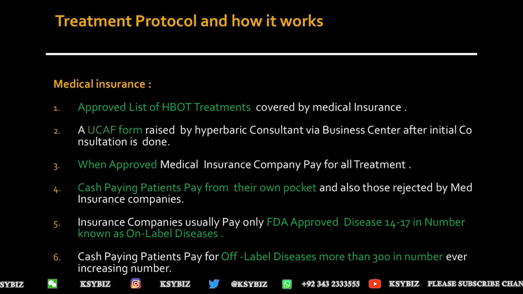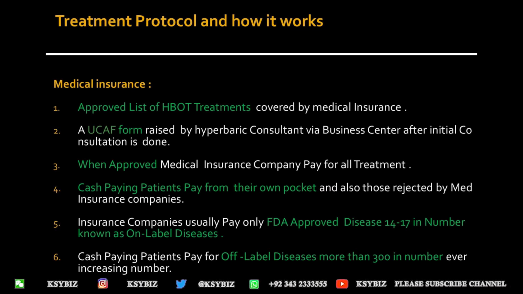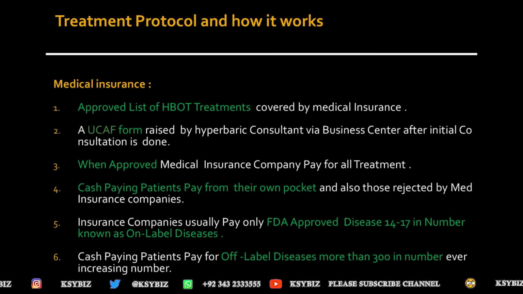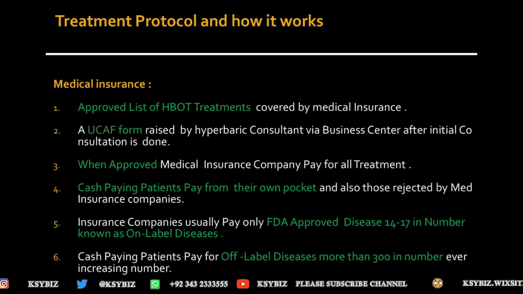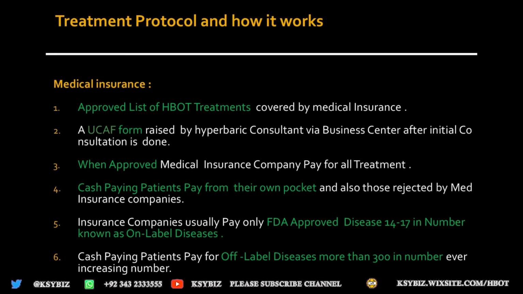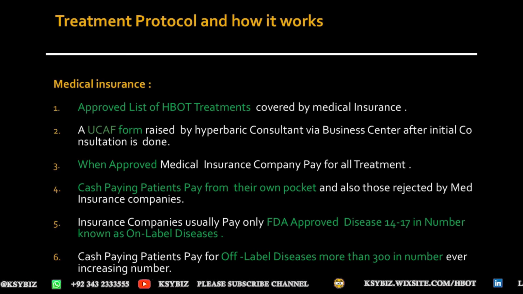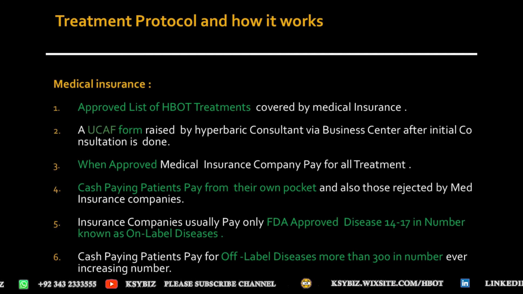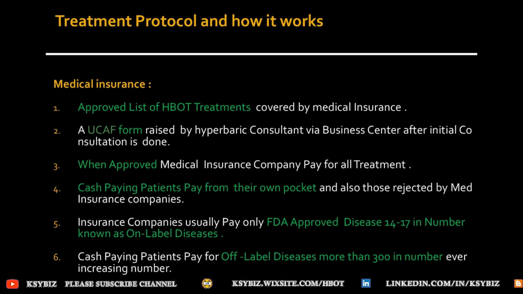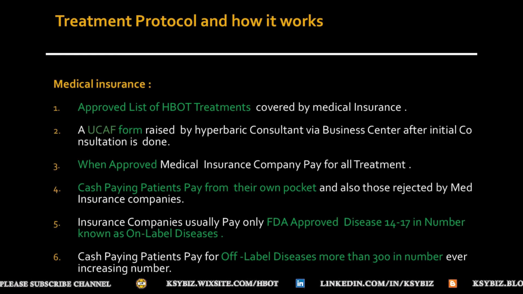Then he writes a medical prescription, which consists of the sessions you will have to take, and how long, like 60-minute or 90-minute, and then how many breaks you should be having. When the prescription is written, a patient schedule is made, and then the patient undergoes the treatment.